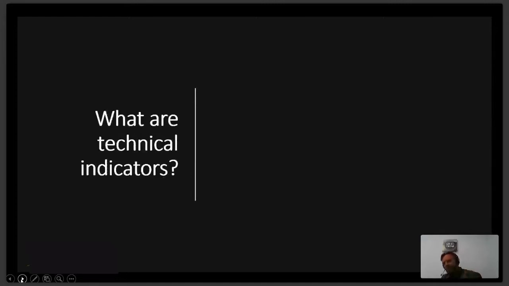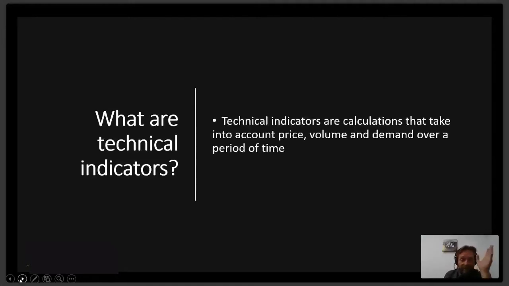Now, when it comes to technical analysis, there are a number of what are called technical indicators, which traders tend to use to try and see if they can identify these patterns, these trends, and where the asset may go. They take into account price, volume, and demand over a period of time. That's how they calculate it.